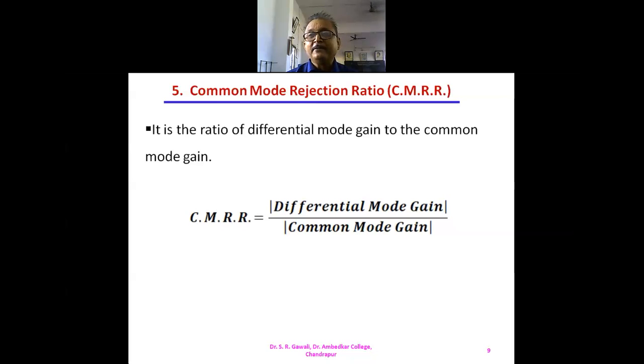Input may be applied between the two input terminals IP1 and IP2 of the operational amplifier or difference amplifier number 1, or the input may be applied between the two input terminals of the difference amplifier.